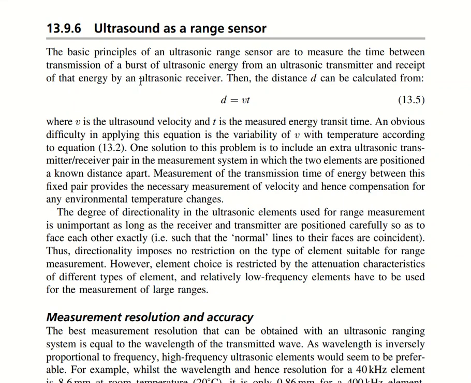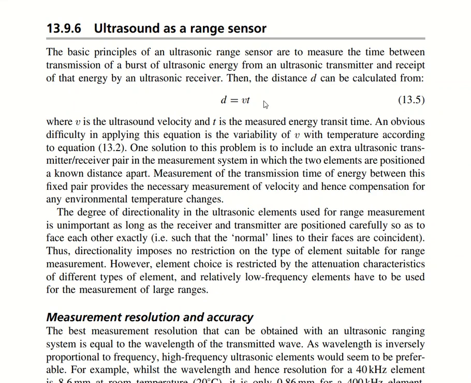Then we calculate the distance, which is d equals vt, where v is the ultrasound velocity and t is the measured energy transmit time. An obvious difficulty in applying this equation is the variability of v with temperature, according to the equation which we discussed above.